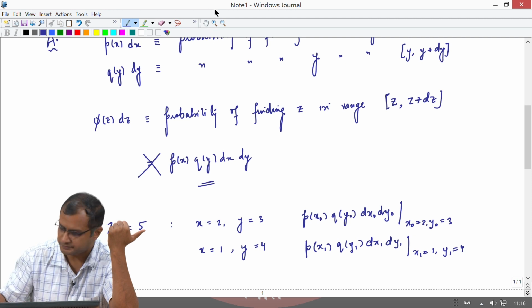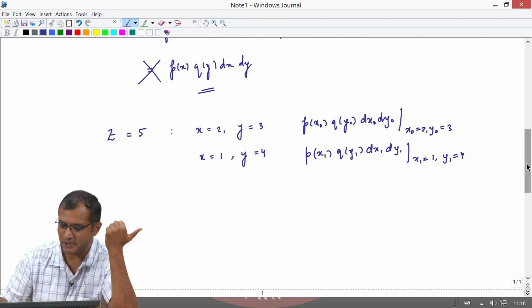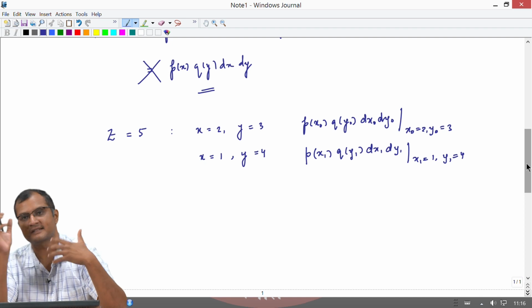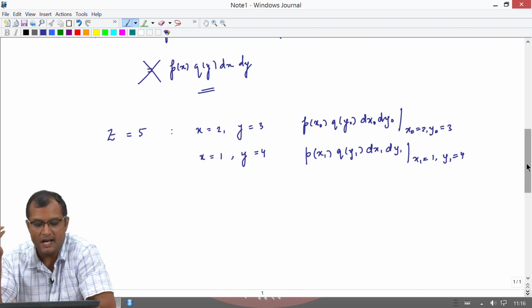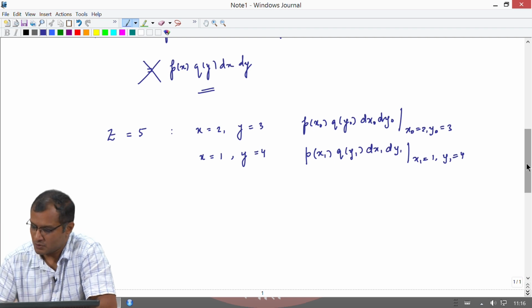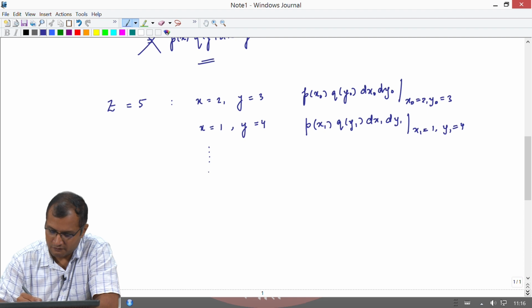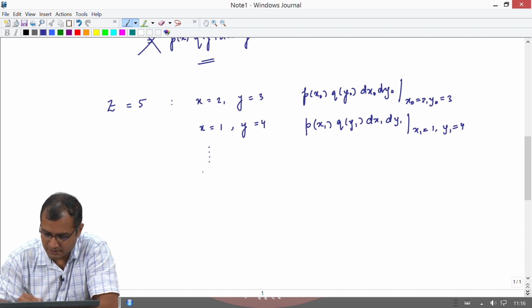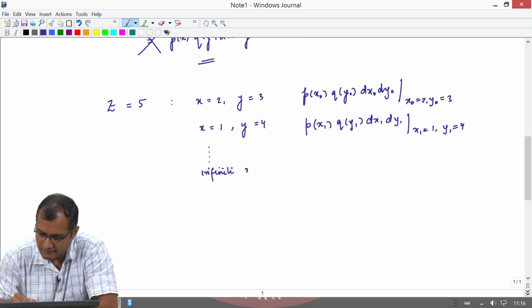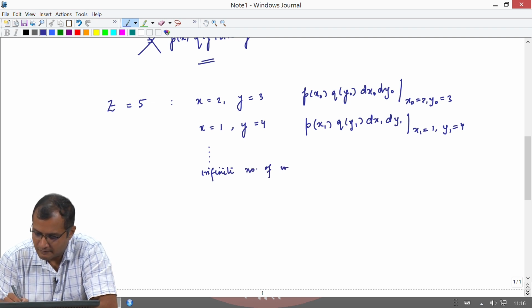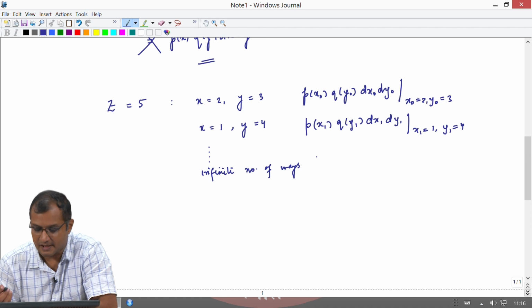That is why I can't just write down the probability of getting the sum in the neighborhood of z as p(x) q(y) dx dy. So, there are infinite number of ways in which I can do this, as x and y are continuous variables.